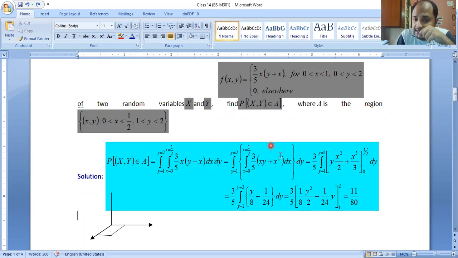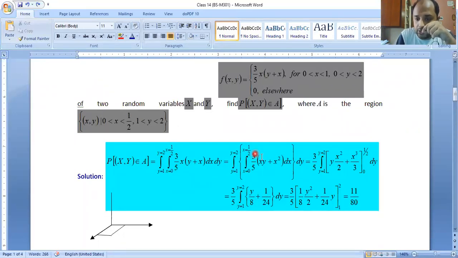We are going to integrate this function with respect to x first and put the limits. And since we are integrating with respect to x first, the variable y present over here will be treated as constant.